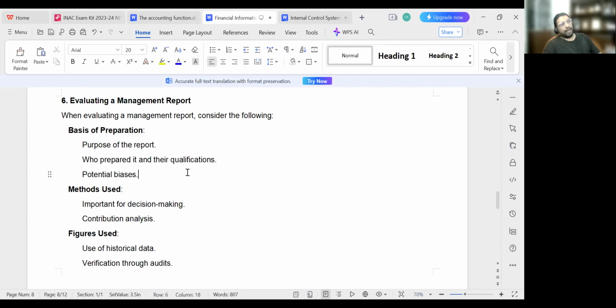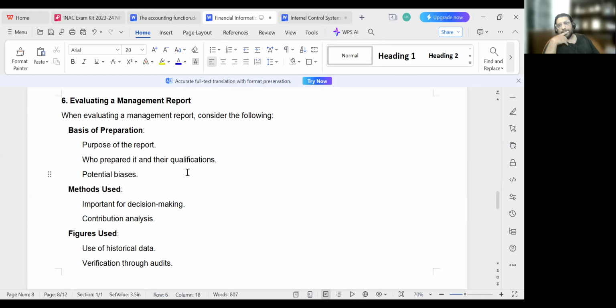One more thing about management accounting: in financial accounting, when you're making the reports, you have set formats. Either you're following IFRS or the country's accounting standards. In both cases, you are following a set pattern. In management accounting, you don't have a set pattern, right? It is more at the discretion of the accountant how he wants to make that report.